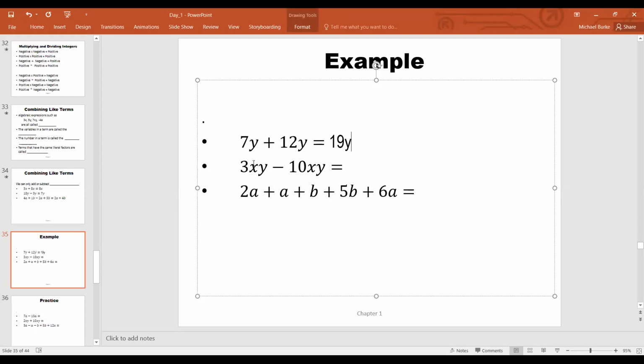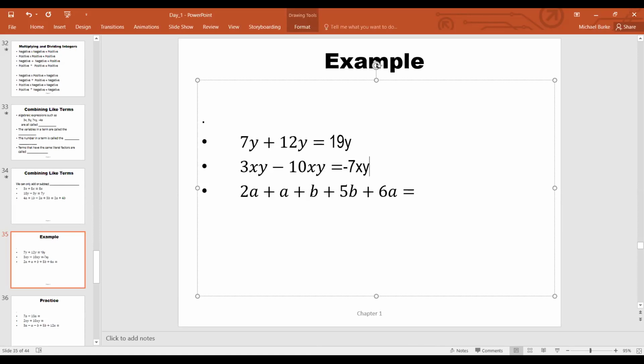Multiplication is what we call commutative. It doesn't matter which number is multiplying the other, you're going to get the same answer. By convention, we put the numerical coefficient on the left. Okay, so 3xy minus 10xy is minus 7xy.